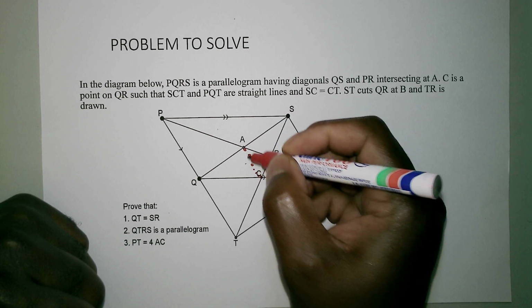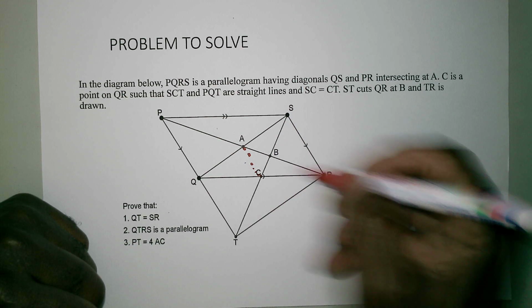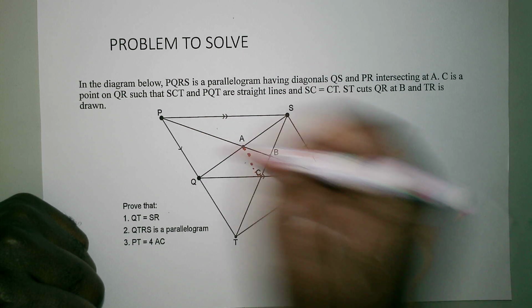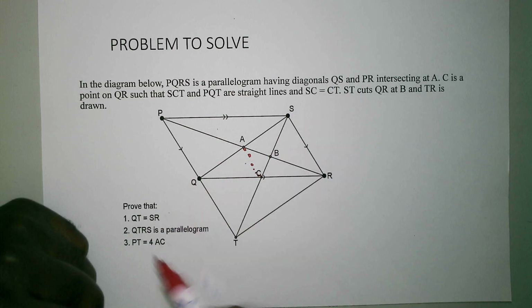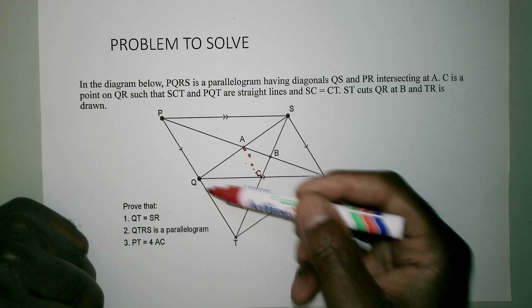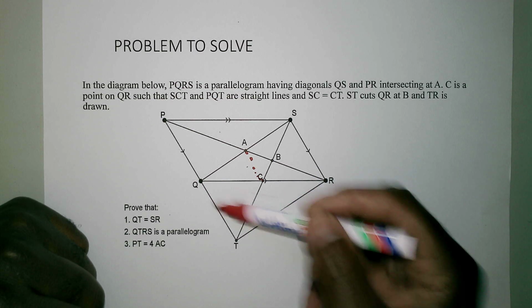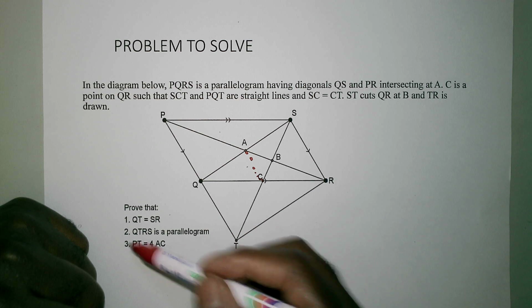So we've got the midpoint of this triangle, SQT, and the PQR. This is also a midpoint. So through congruency, you can establish that QR and SR are equal.